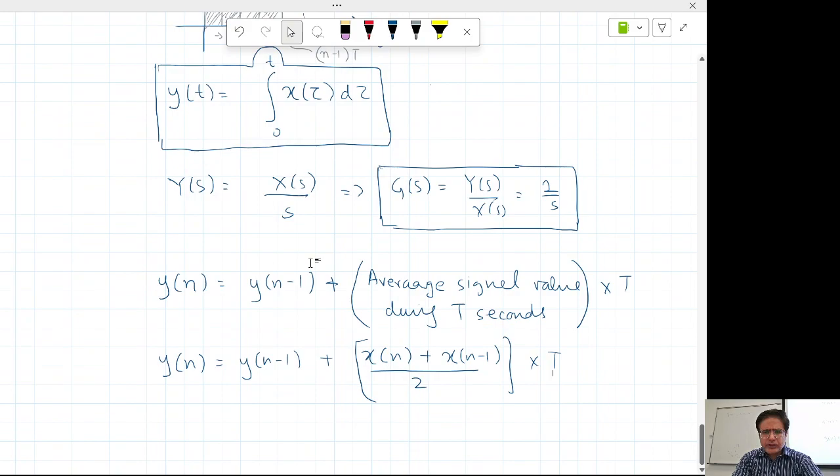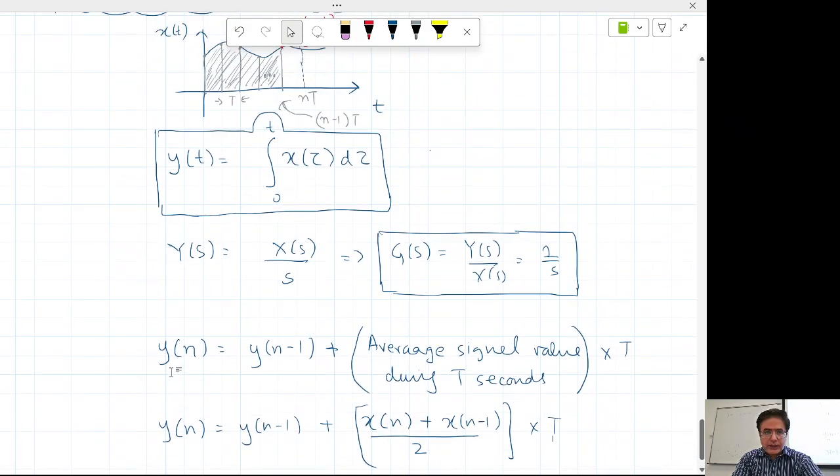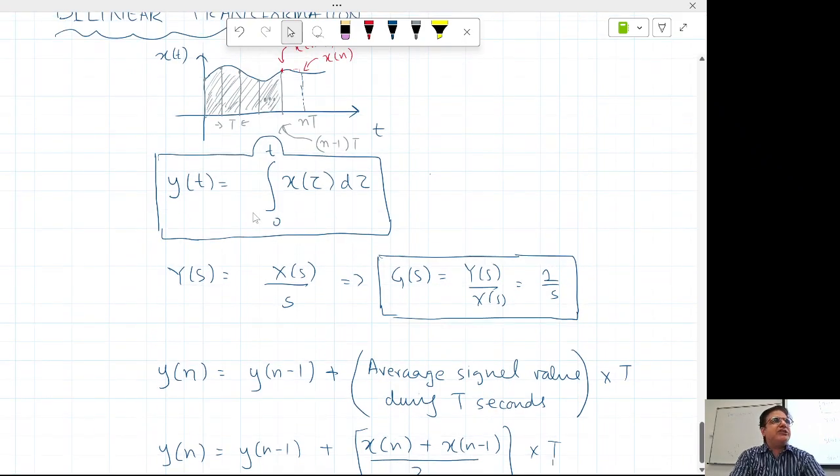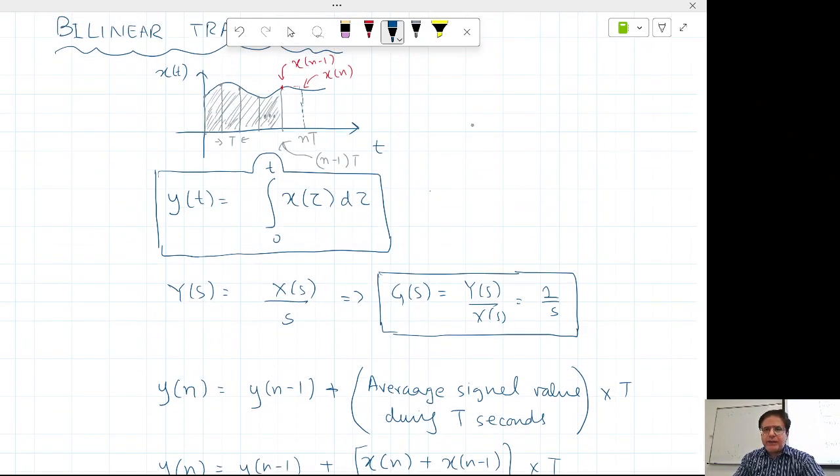Okay, again. What we're doing here is we are trying to approximate an integration process. What does the integration process do? It just computes the area under the curve, right? So let's suppose I'm giving as input x of t to a system, and what the system is doing is just computing the integral of the signal until time t.